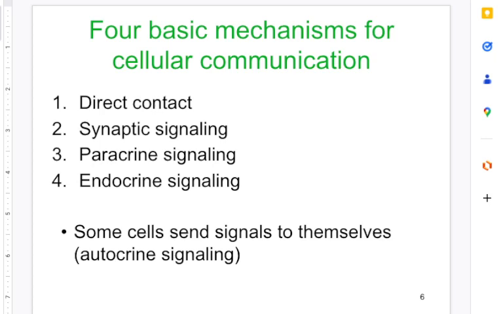We can have synaptic signaling, paracrine signaling, endocrine signaling, and some cells can also send messages to themselves, and this is called autocrine signaling. With direct contact, cells are required to be within a certain vicinity of an adjacent cell in order to receive the signal. The cells both have to be functioning in order to best communicate.